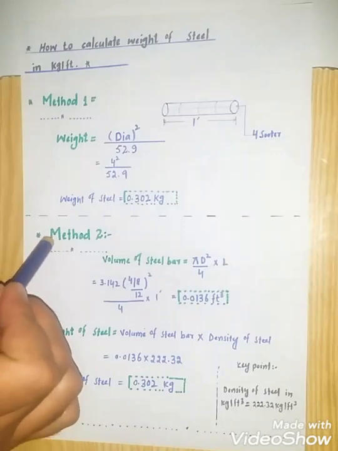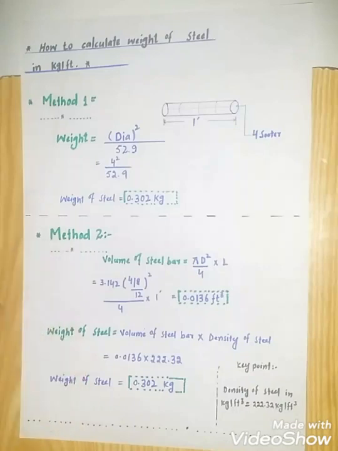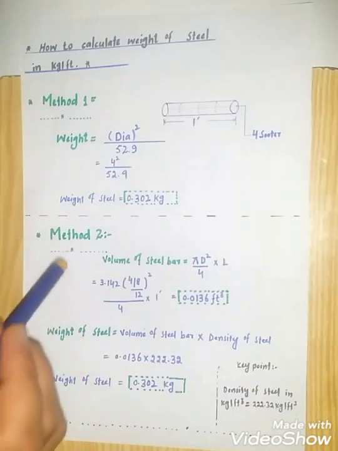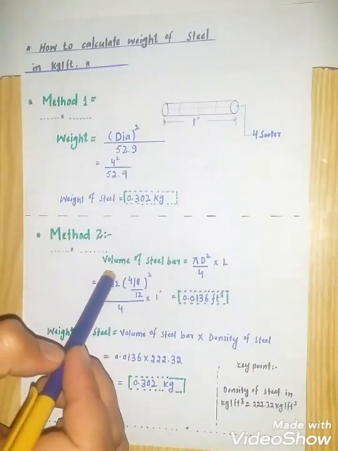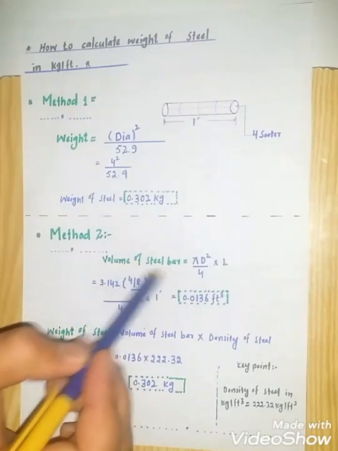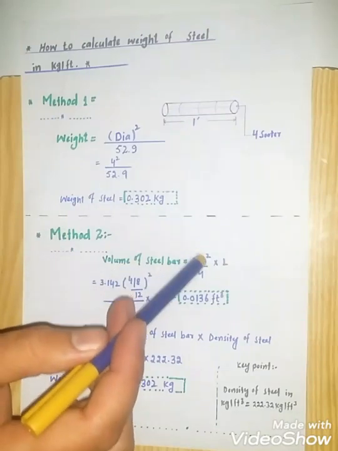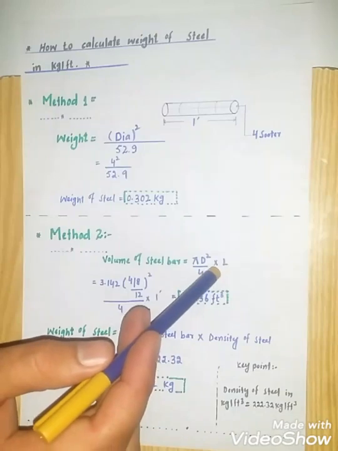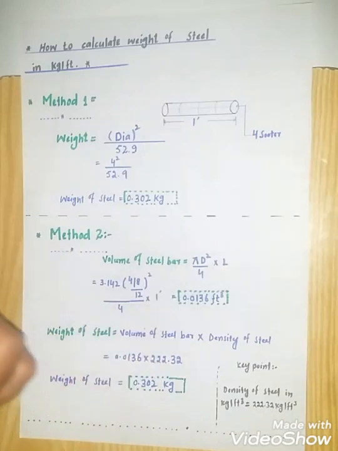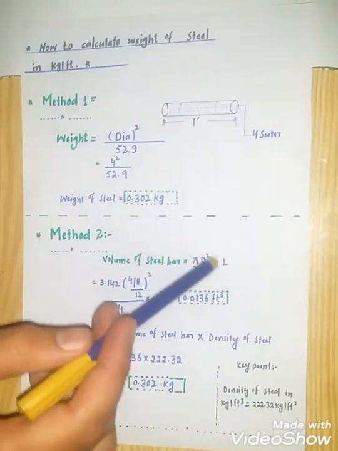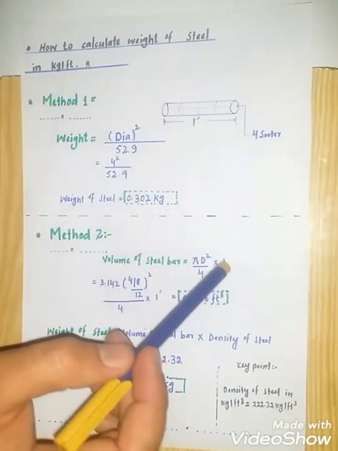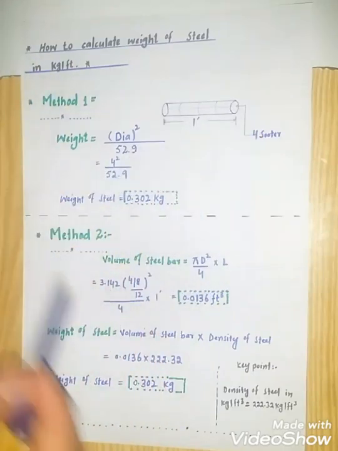Now start the second method. In this method, first of all, you need to find the volume of steel bar, which is equal to pi d square divided by 4 multiplied by length. The dia bar is 4 suture and the length of bar is 1 feet.